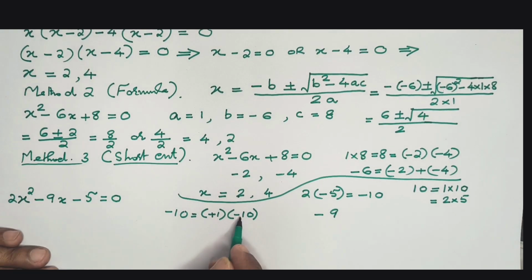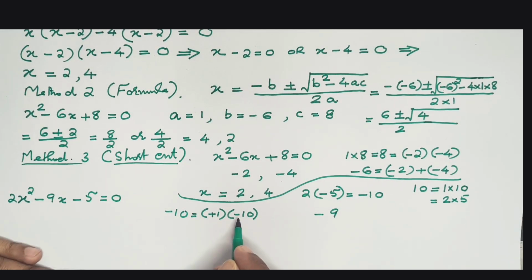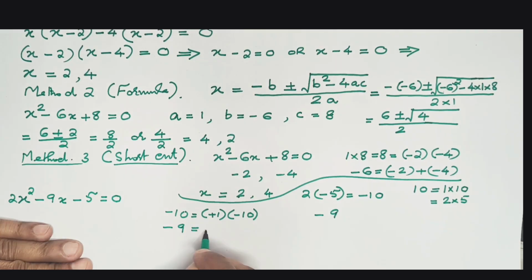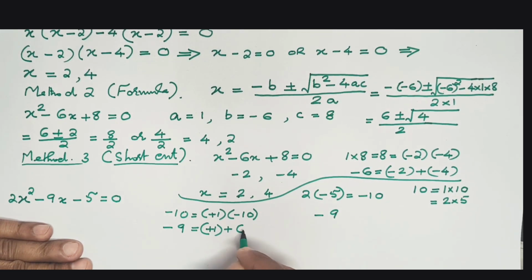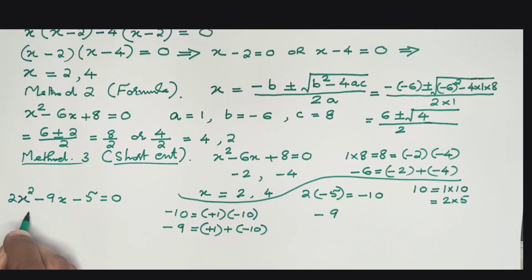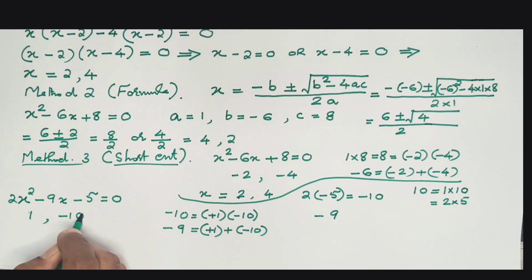Plus 1, minus 10. Plus 10 minus 1 is also possible, but in that case, there will be another problem. So now look at minus 9. If you write plus 1 plus minus 10, what about their sum? That is minus 9. So the numbers are 1 and minus 10.